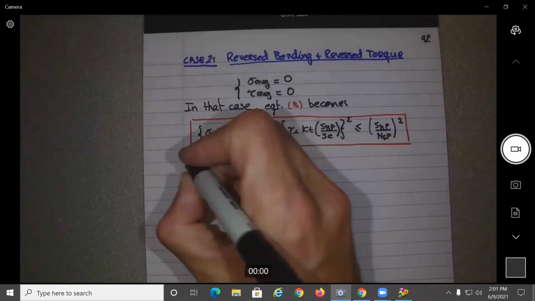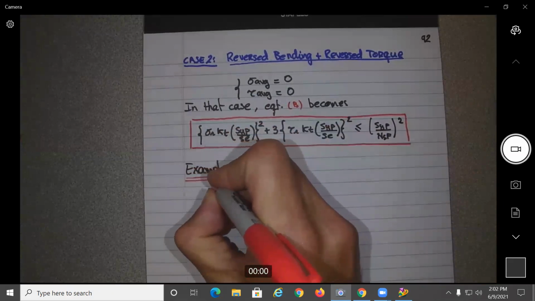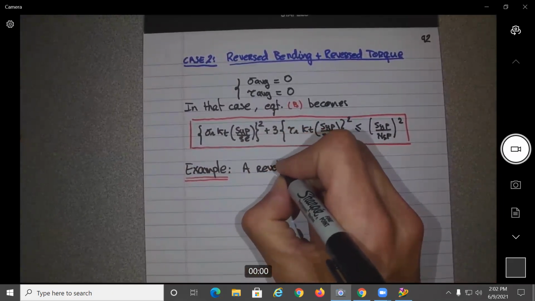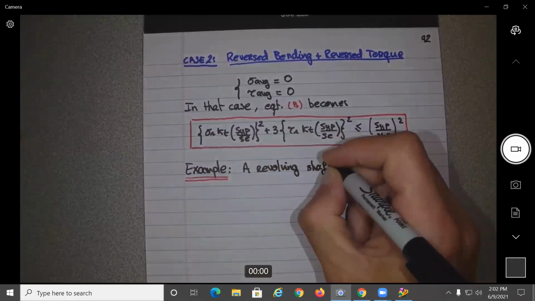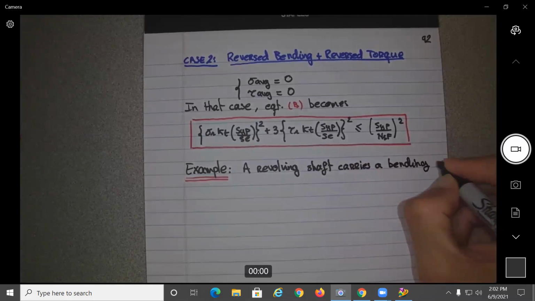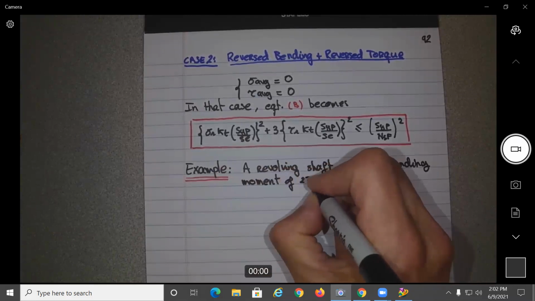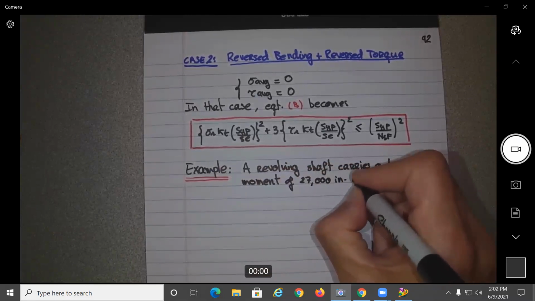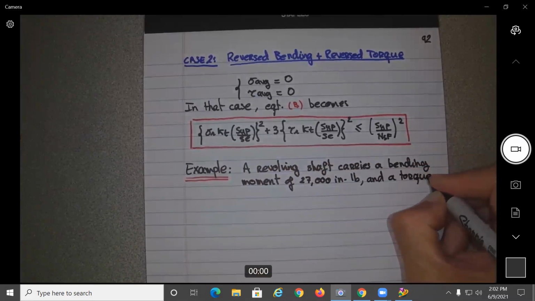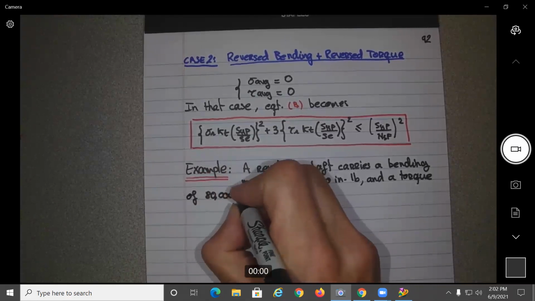So, example. All right, a revolving shaft carries a bending moment of 27,000 inch pounds and a torque of 80,000 inch pounds.